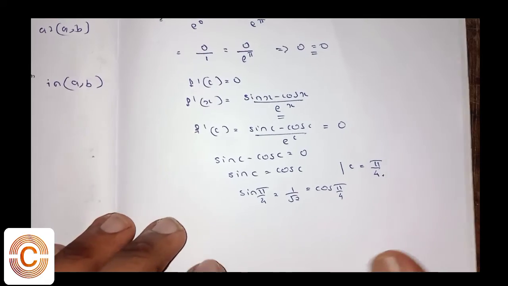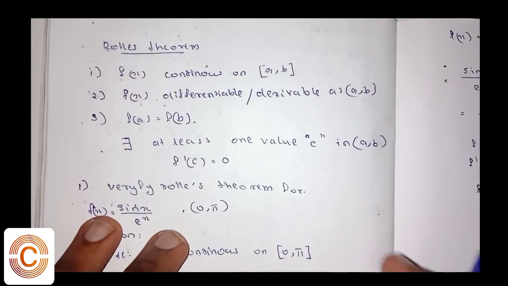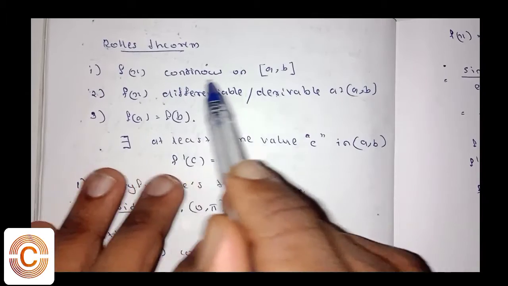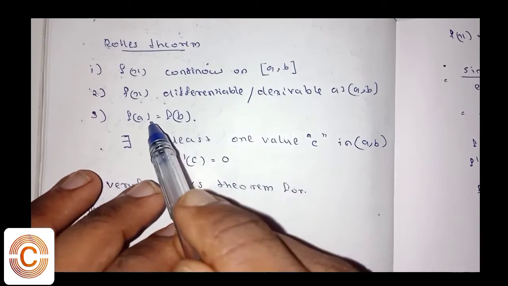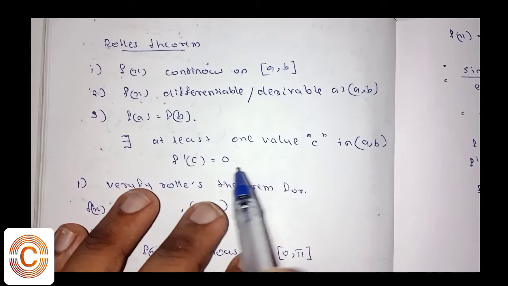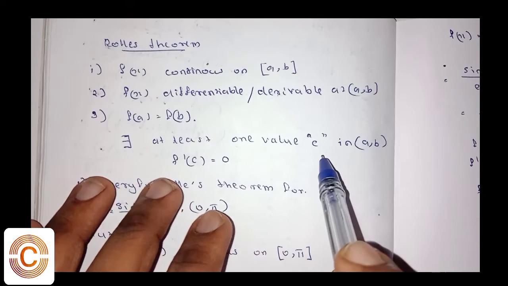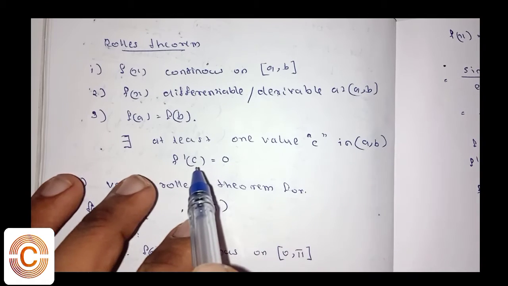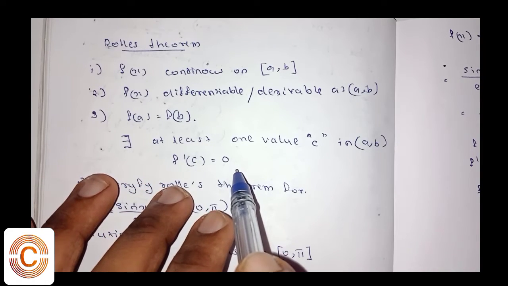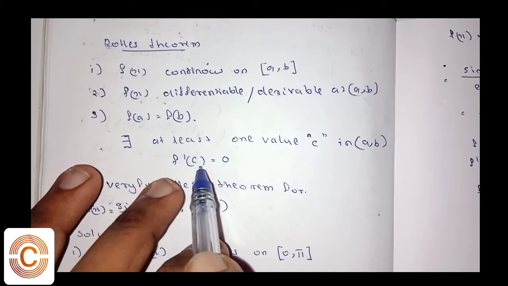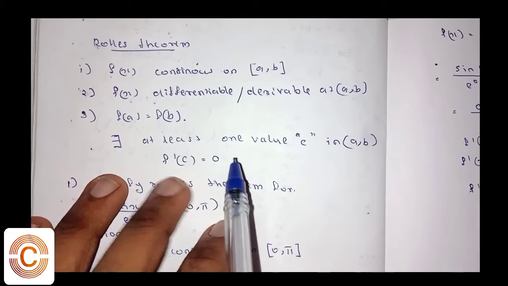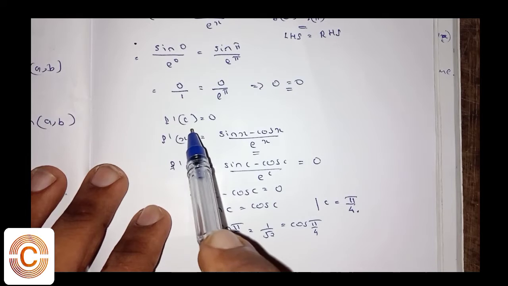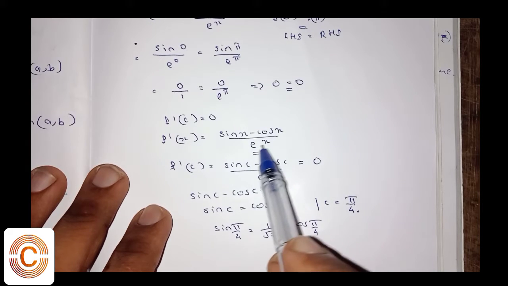Finally we conclude that from these three properties: first we say that it is continuous, second that it is differentiable, then that f of a is equal to f of b, and finally that there is at least one point c in the given interval at which f dash of c must equal 0. Using f dash of c equal to 0, we can find the value of c from f dash of x, which is sin x minus cos x divided by e raised to x.